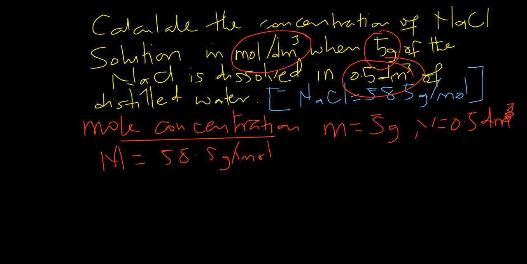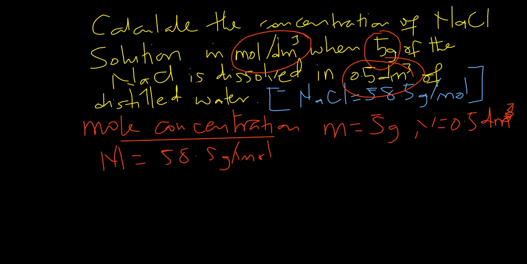So let's see what we'll be doing with these parameters. We've been asked to calculate the mole concentration, but we've been given the mass. You and I know that to calculate mole concentration, you need the mole rather than the mass. So we use the mass to determine the mole, then use the mole to calculate the mole concentration.